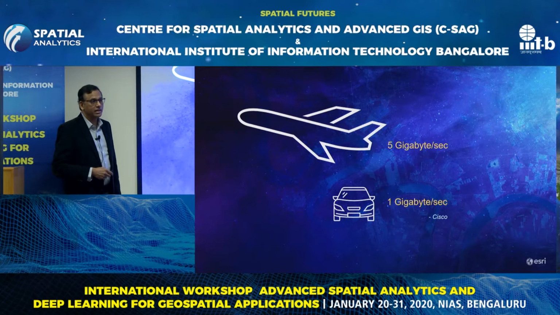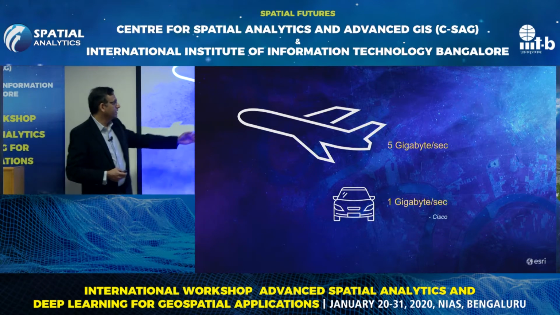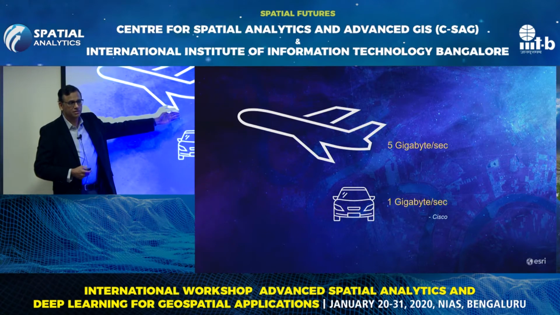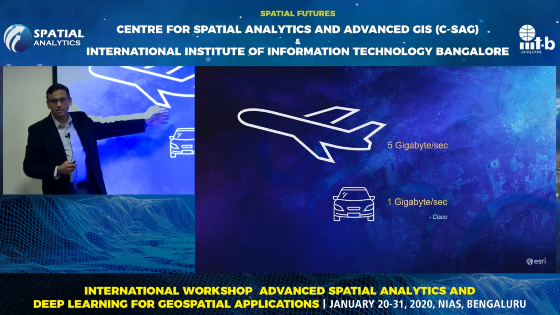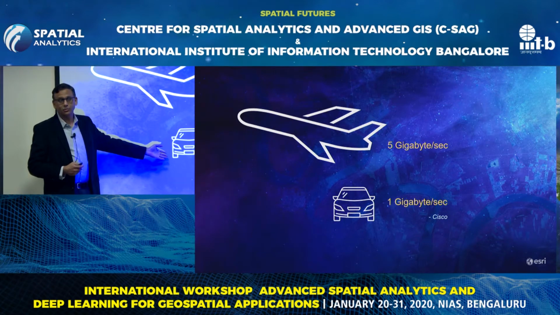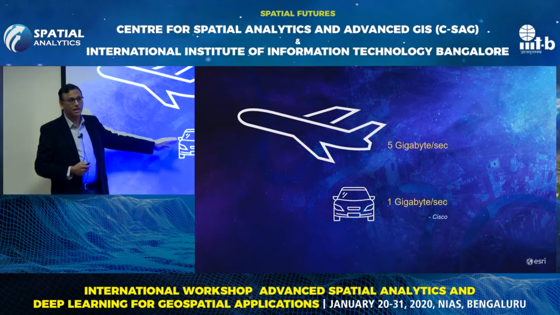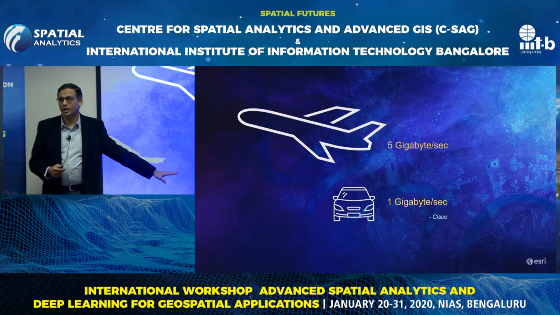Now, just as an anecdotal example, when the 787 Boeing was created, it was very modern for its time. It had lots of onboard computers. It was generating 5 gigabytes per second, which was a pretty significant volume of data. Today's cars generate 1 gigabyte per second. I'm not talking about level 3 and level 4 autonomous cars.